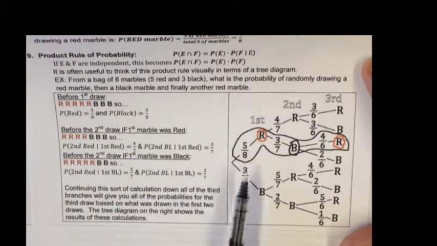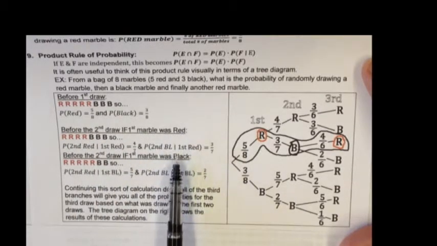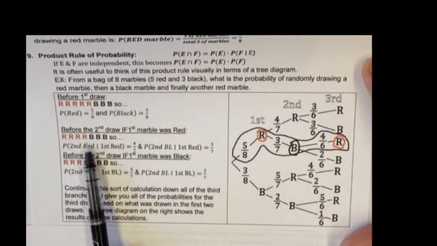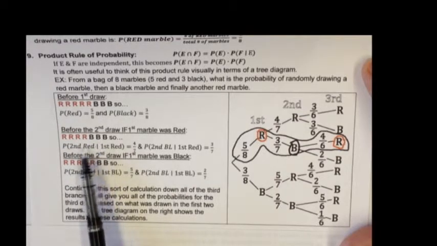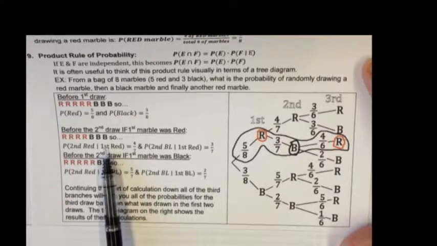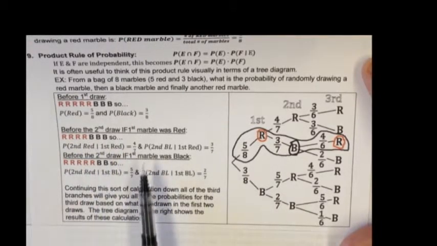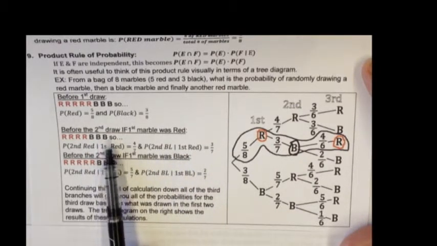Now, before you make your second draw, you have to look at whether you got a red the first time or a black the first time. If you got a red the first time, then there would only be 4 reds and 3 blacks, a total of 7 marbles. So the probability that the second one is red, if the first one is red, is 4 out of 7. 4 reds out of 7 total.